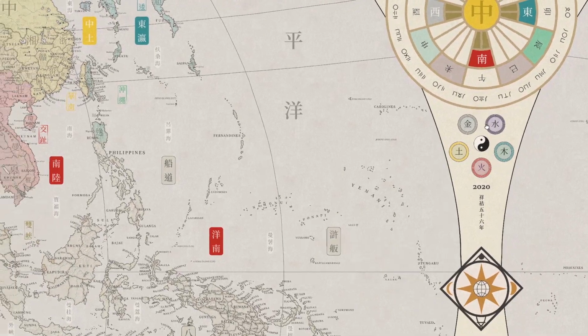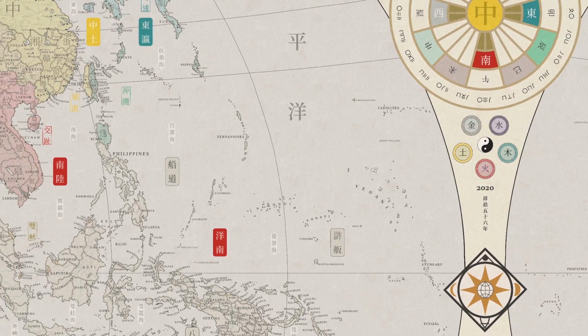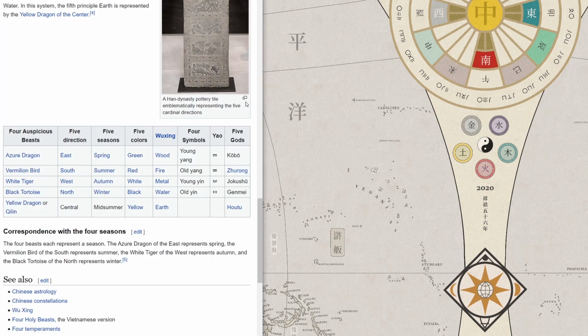The 5 elements are actually transitional phases. They're not equivalent to European ideas of elements or humors. One leads to another, and you see fire is related to the south. So there's that interesting, cool airbender stuff.